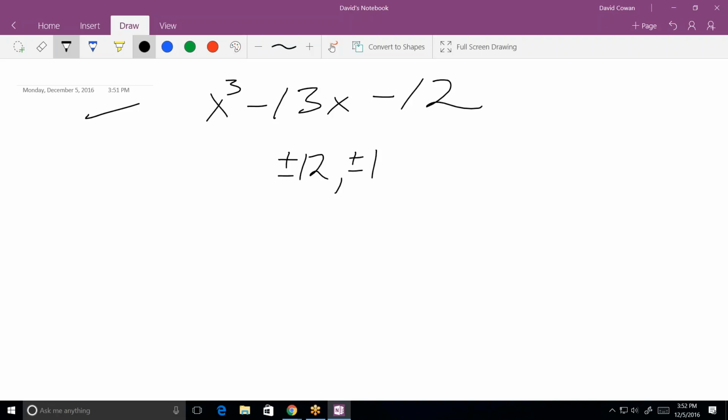This is for the numerator. In other words, those are all the factors of the numerator. And then I would normally have to include the factors of the denominator, but since they're 1, it doesn't change my possibilities. So this tells me there are 12 possible rational zeros for this cubic.